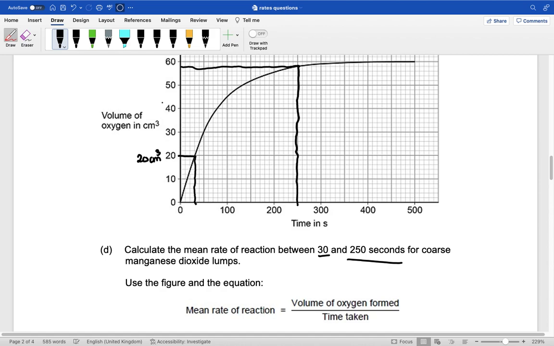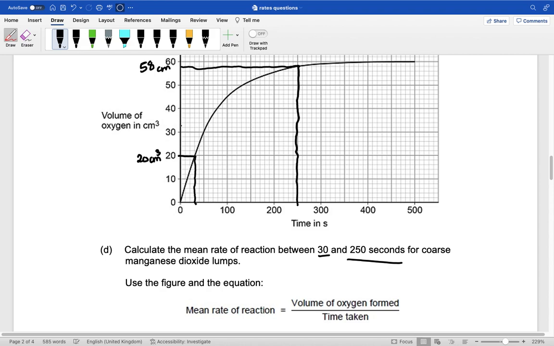So that means that each small box is worth 2 centimetres cubed of oxygen. So we've got 52, 54, 56, we've got 58 centimetres cubed of oxygen.